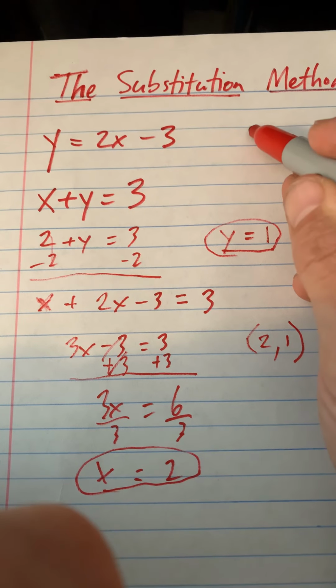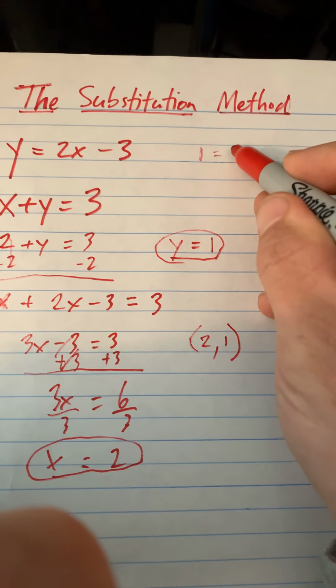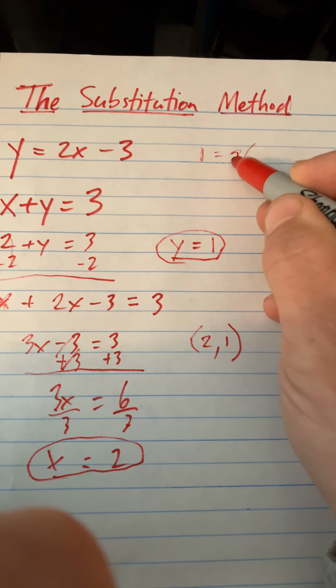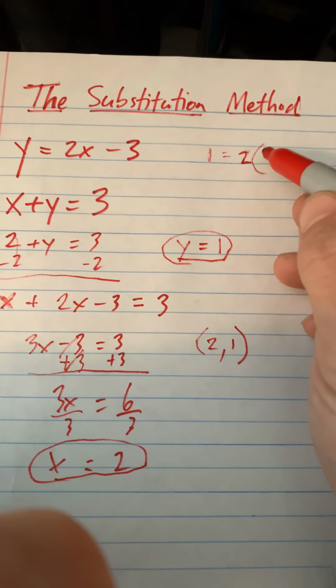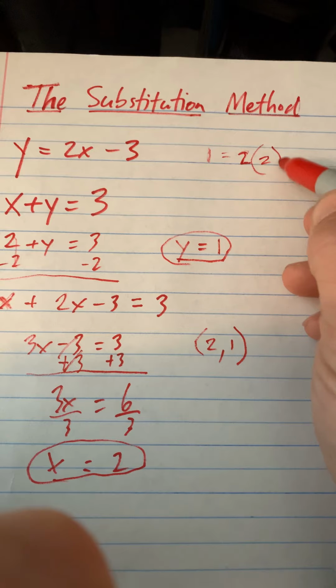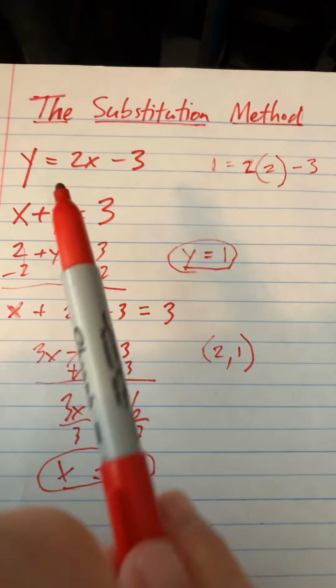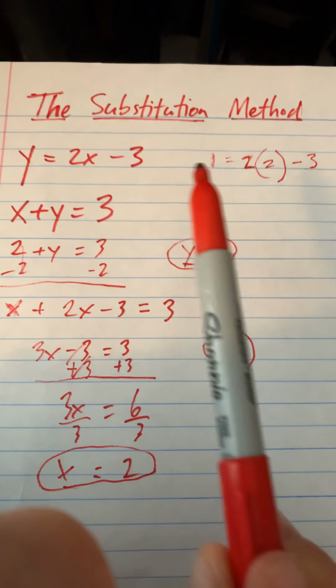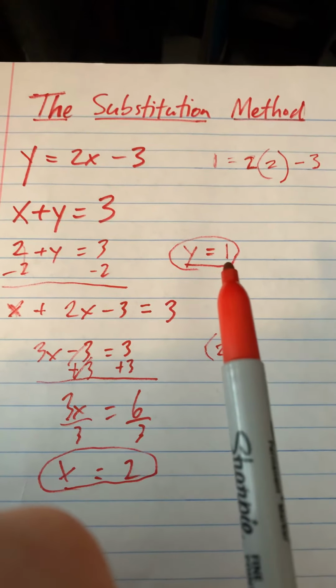So 1 equals 2 times x, we said, is 2, minus 3. All I did was take this equation and plug in my values. So instead of y, I put in 1.